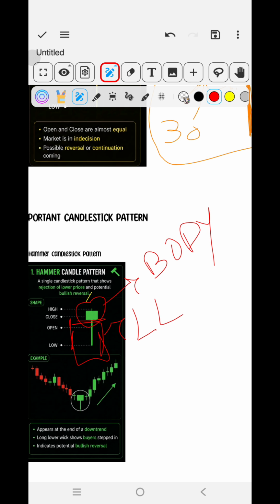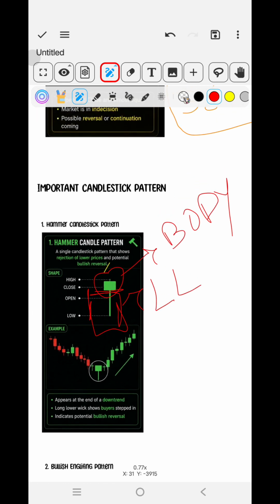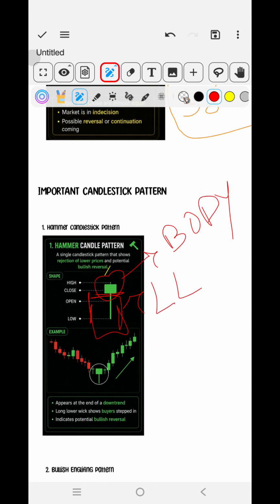This shows the sellers pushed the price down, but the buyers stepped ahead and pushed the market back. The hammer candle can be a signal of a potential bullish trend. It means you can't take a trade on the basis of only a hammer pattern.